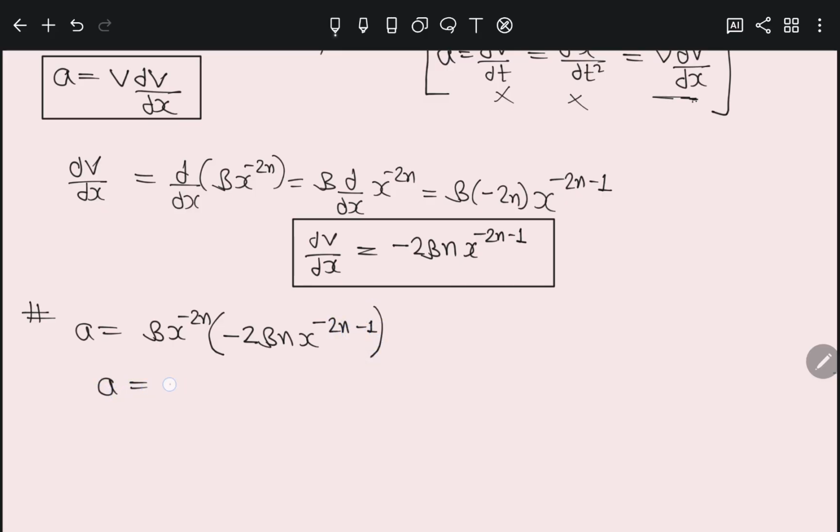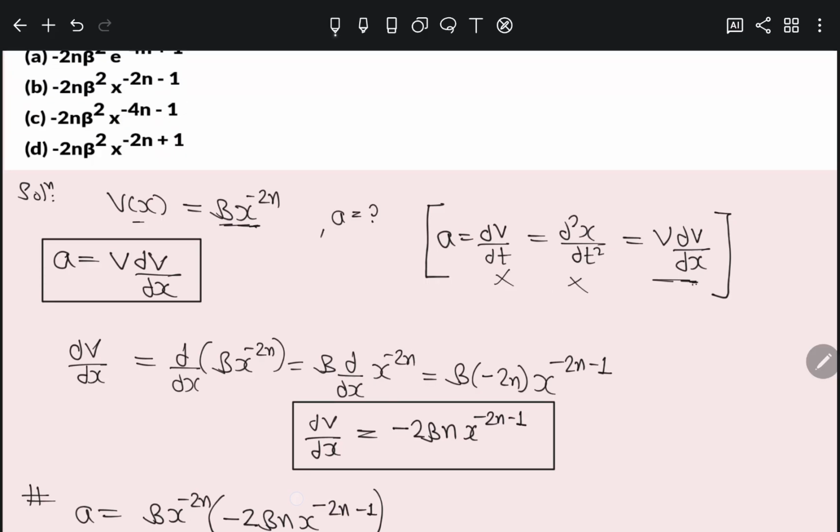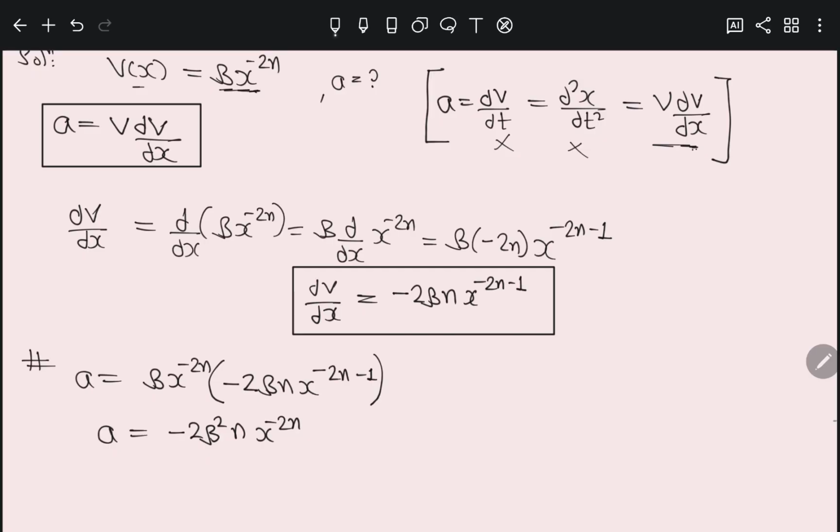So acceleration we got is minus 2 beta square n x to the power minus 2n. Look, beta square, minus 2 beta square, here n comes, and then x to the power minus 2n is going to add up, x to the power minus 4n minus 1.